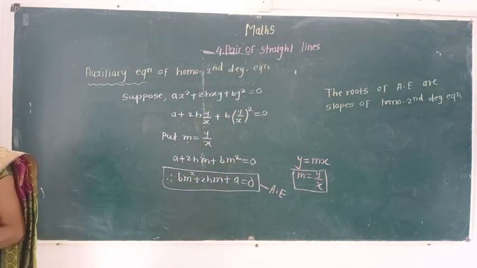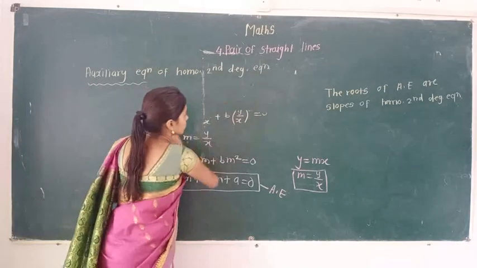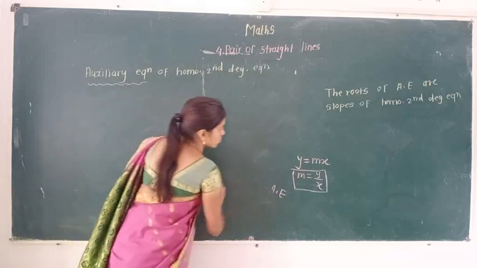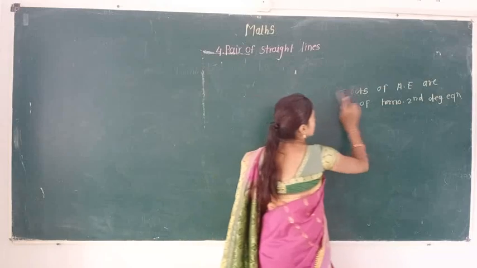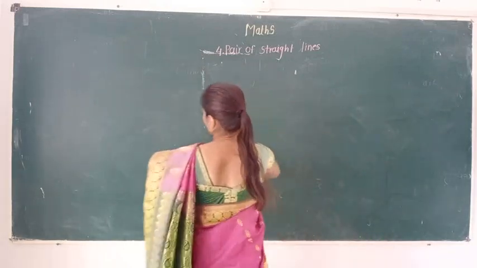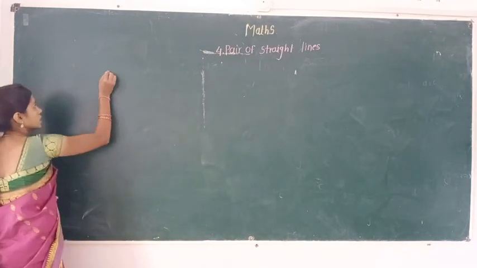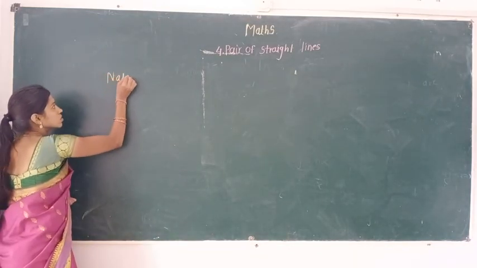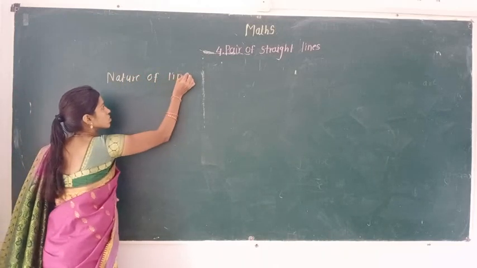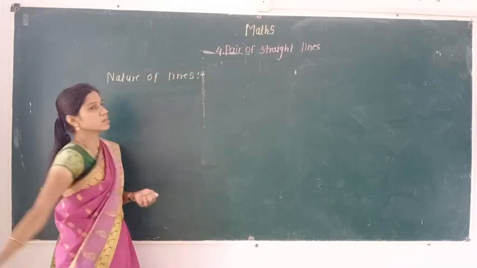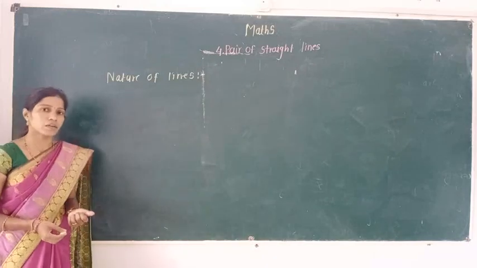Now let's see the nature of lines. We know that the homogeneous second degree equation is the combined equation of two lines.